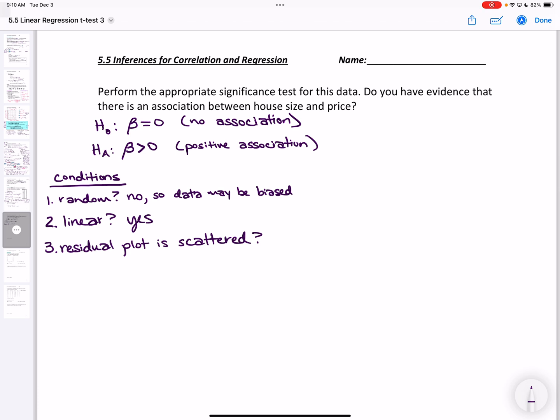Once you're in your data, you've already followed the order, so you should already have your linear regression calculated, right? So since you've calculated it, go to stat edit, highlight L3, then do second stat and choose option 7, and then hit enter, and then they should be in L3.